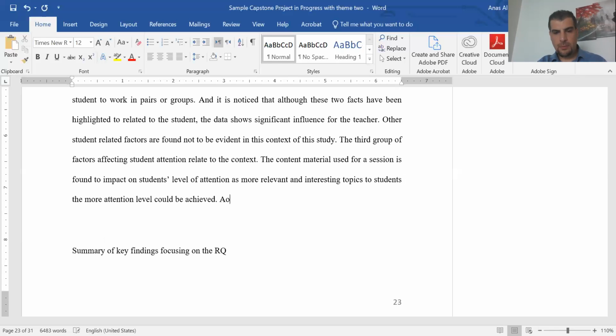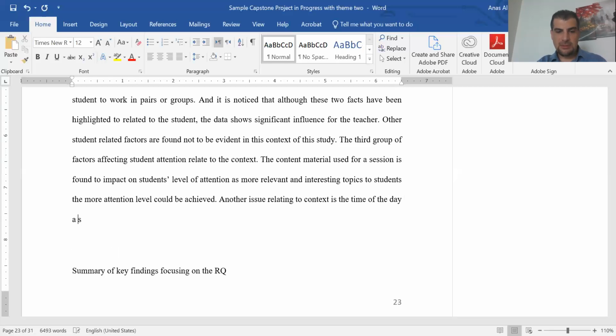Another issue relating to context is the time of the day a session is performed.